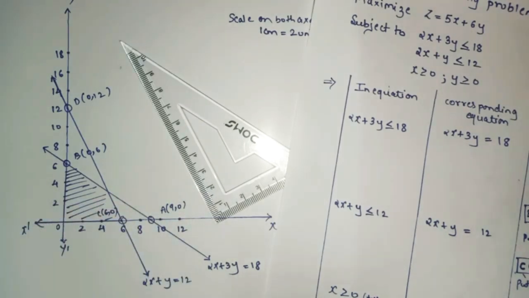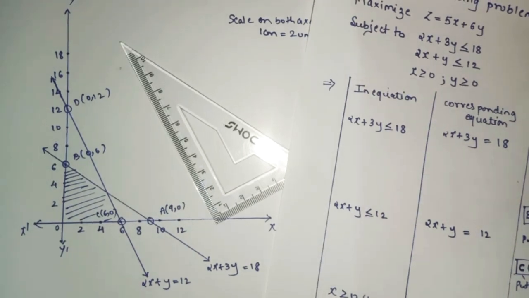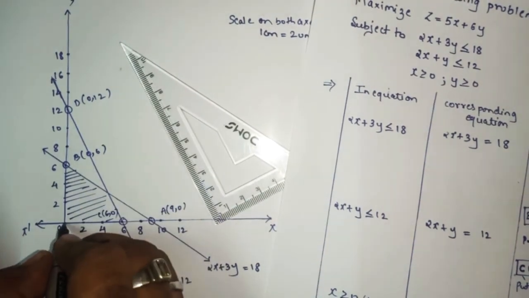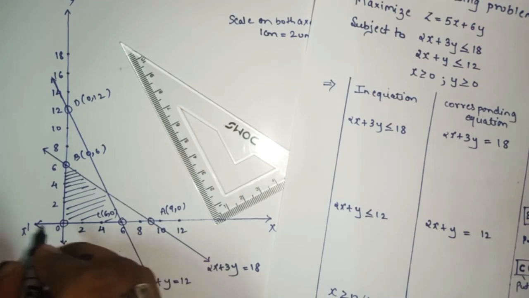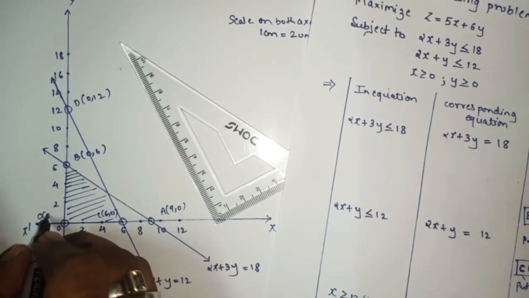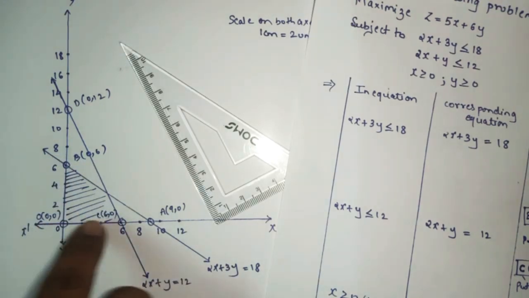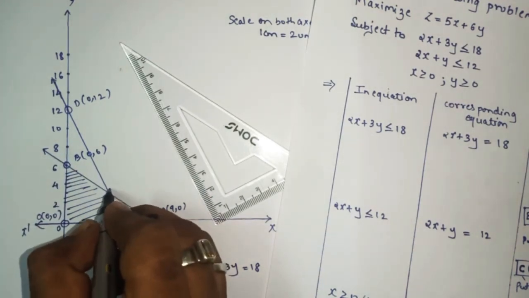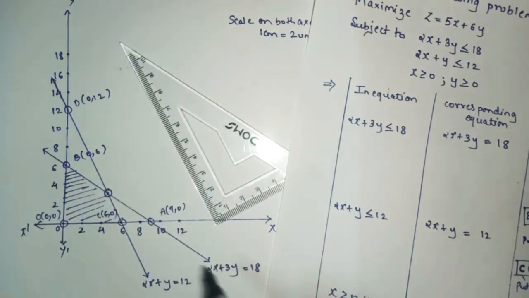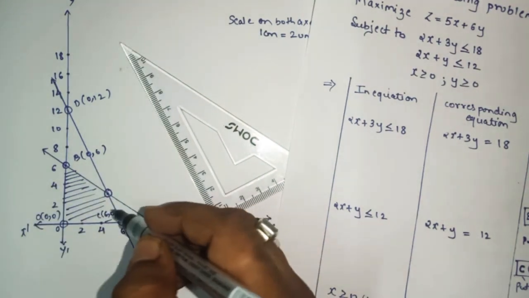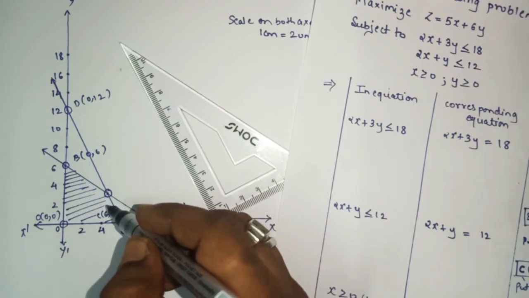Okay, so now here we got the feasible region. After that, what exactly do we have to do? Now remember, we'll write the points. We'll consider this as O, the origin, 0 comma 0. Now here we have the point of intersection between these two equations. Exactly, we don't know the point.